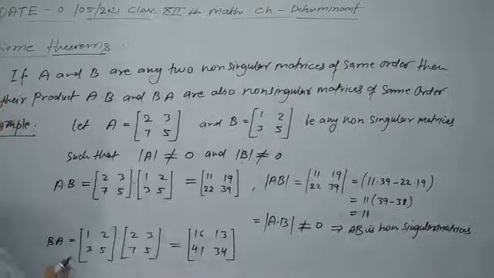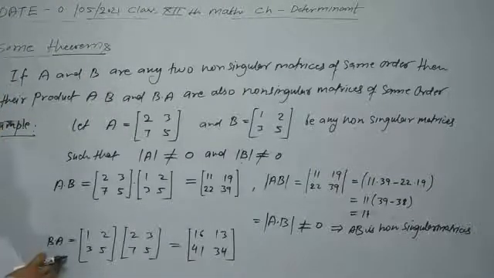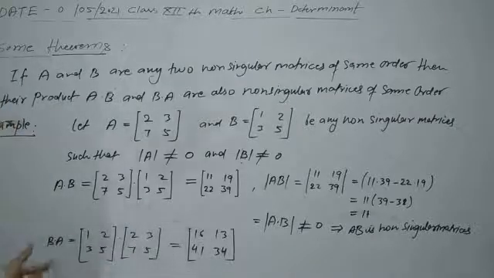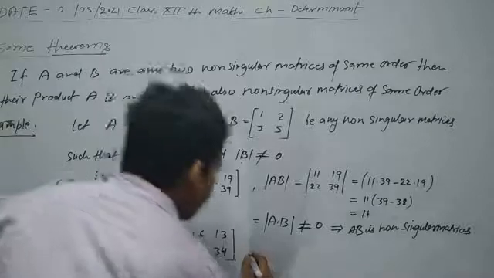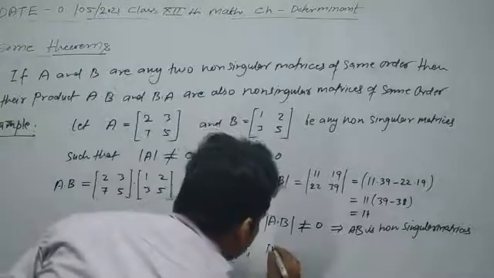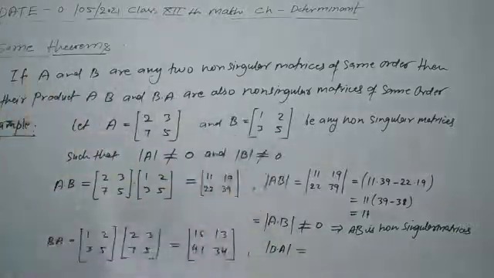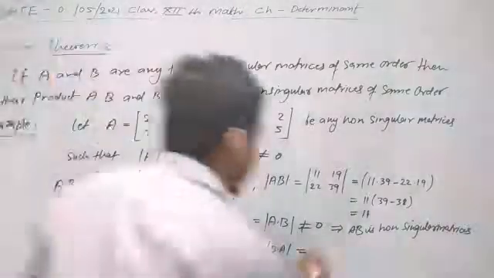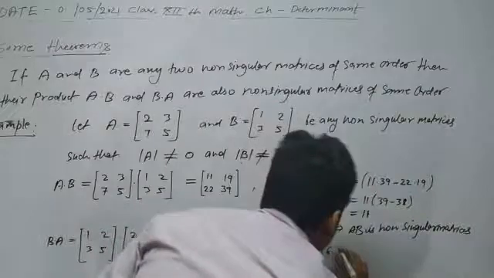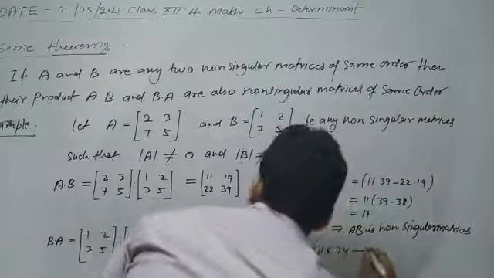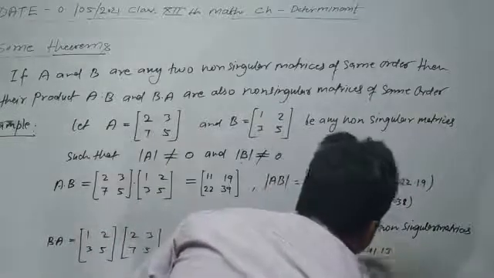Now when you calculate BA, the product is this, and determinant of BA is equal to 16 into 34 minus 41 into 13.